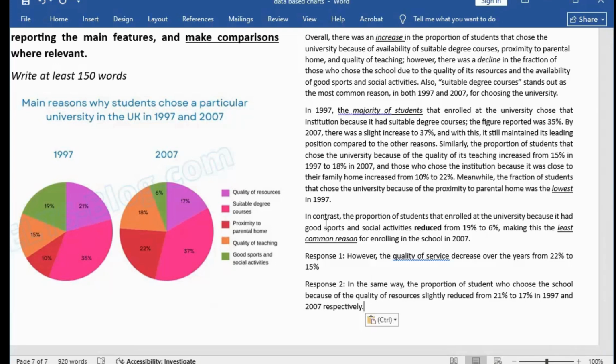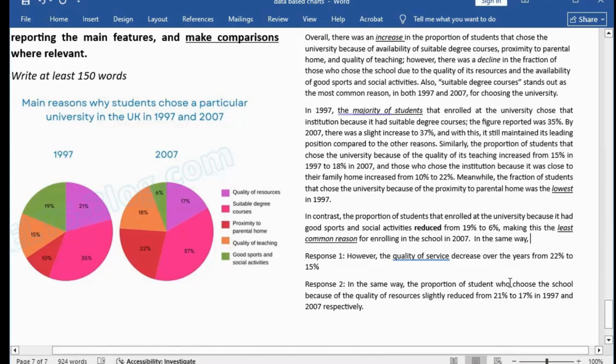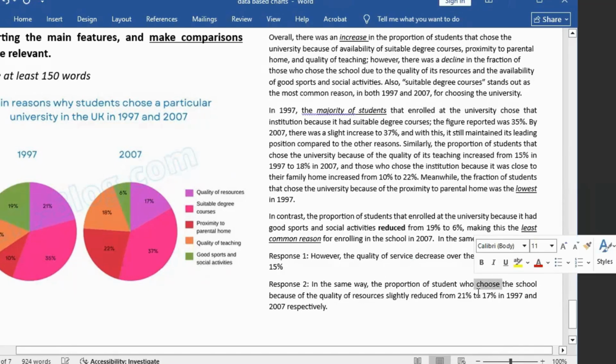So this person says, in the same way. This is a very good linker that we can add to this place. So I can say in the same way, or I can say likewise, in like manner. The proportion of students who chose, so this one should be chose, past tense, because it's past tense.